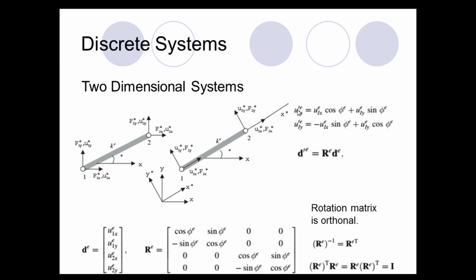So there is no prime there. Then my rotation matrix automatically becomes cosine phi this term, sine phi this term, minus sine phi this term, cosine phi this term. And this is for node 1. Certainly I can do the same for node 2.